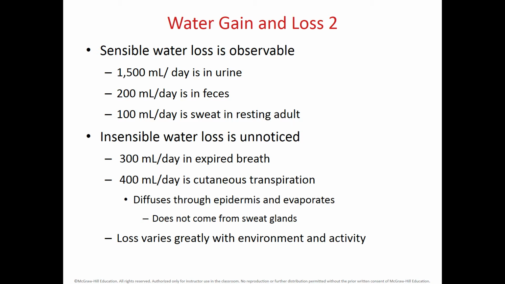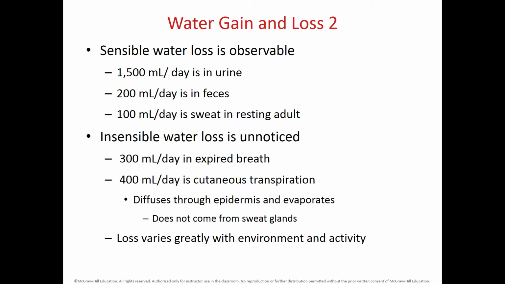We excrete that urine, so that will be the greatest amount of water that we lose throughout the day. And then through the process of digestion, we end up losing 200 milliliters of water, which is very small. Basically, it will be the amount of water that we lose through defecation.